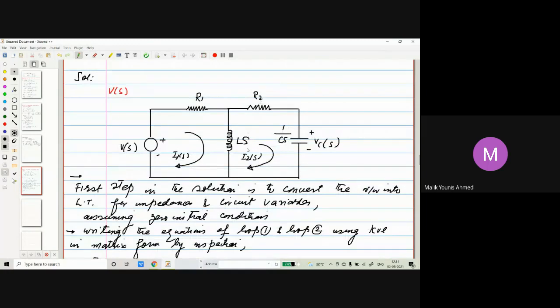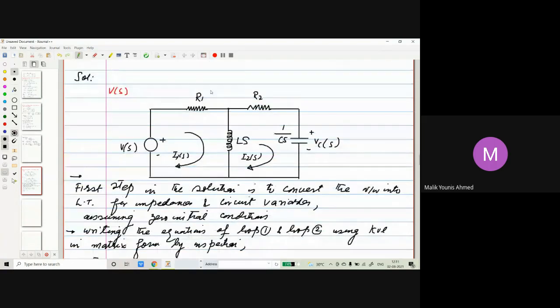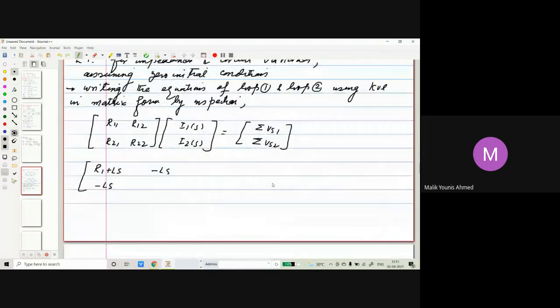R22, R2 plus LS. Oh, sorry, there's capacitor also, I think. Yeah. R2 plus LS plus 1 by C of S. So this is by inspection. And then we have equations.